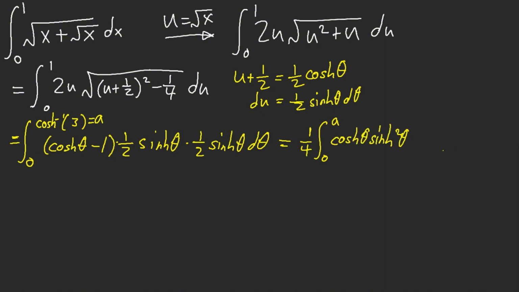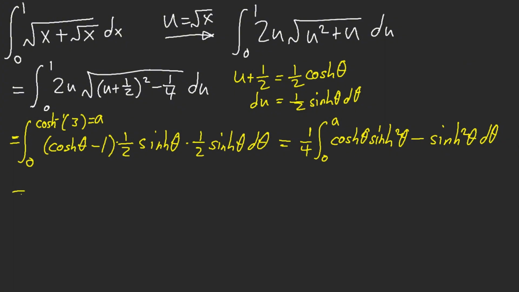That's super easy, right? This process is a lot easier than letting u plus 1/2 equal secant theta, where you'd have to deal with the nasty secant cubed type of integral. So here it's a lot easier to bear with, right?